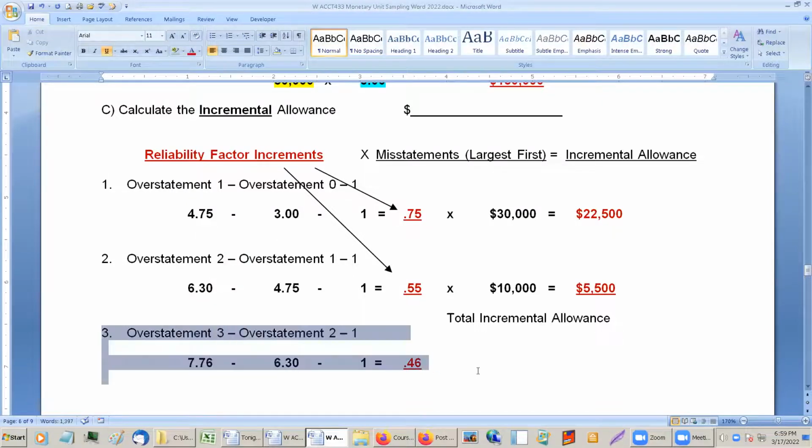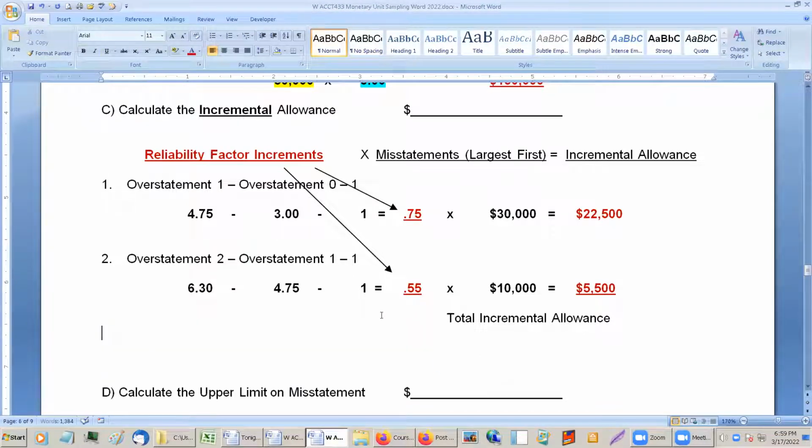Let me get rid of this one completely. Well, what is that? 28,000?